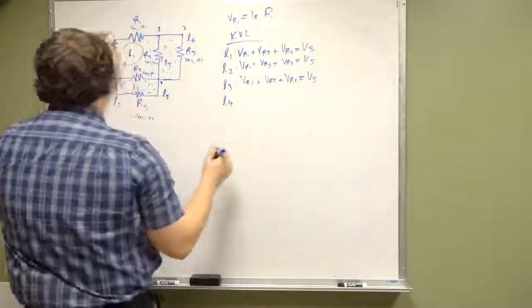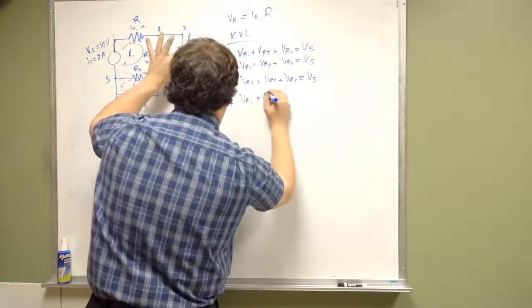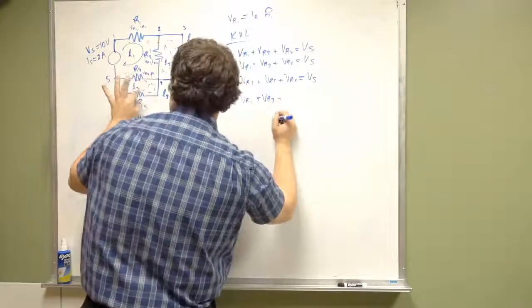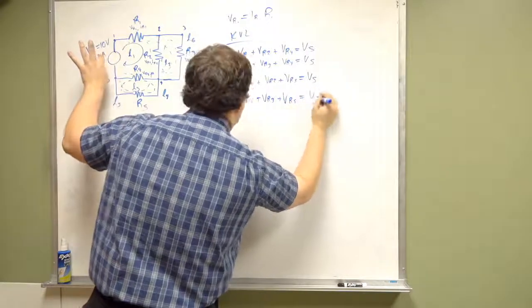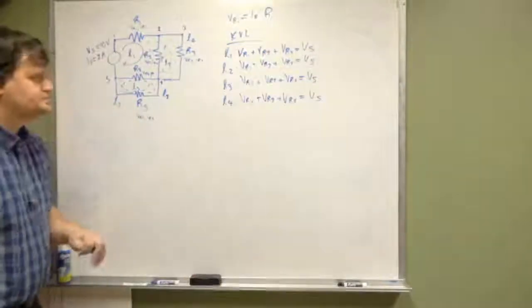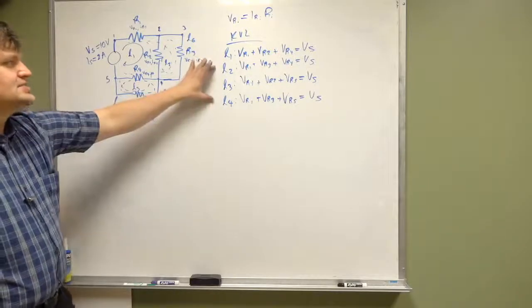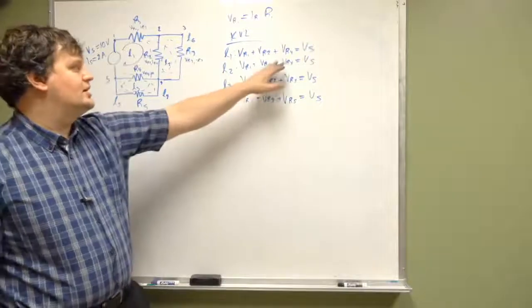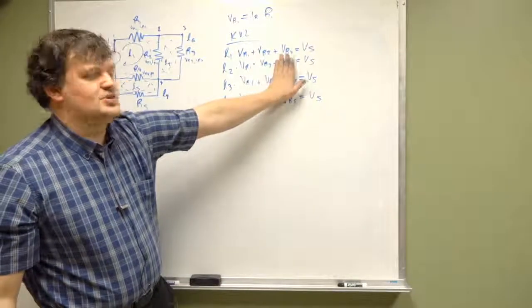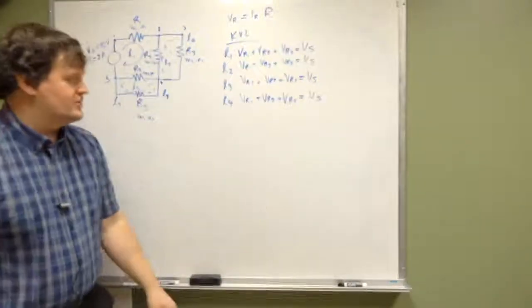So it goes across VR1, it goes across VR3, it goes across VR5, and then it goes back to the source, okay? Once again, I can take these two equations and show that VR4 equals VR5. Why? Because again, you cover these two up, the other three components are the same. Prove it to yourself, whatever.